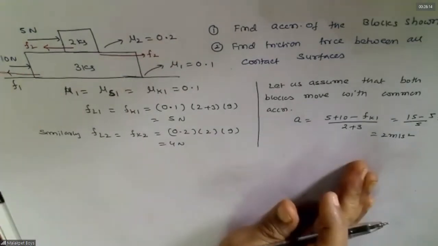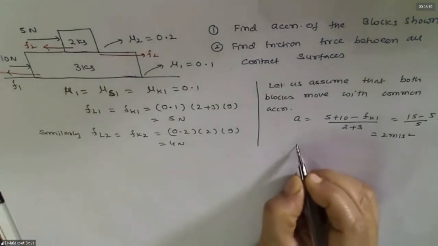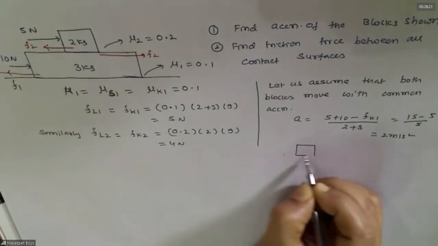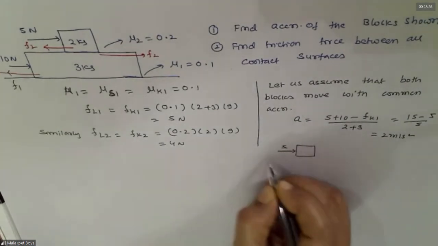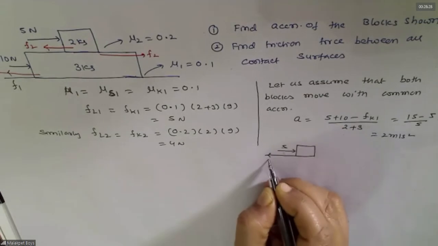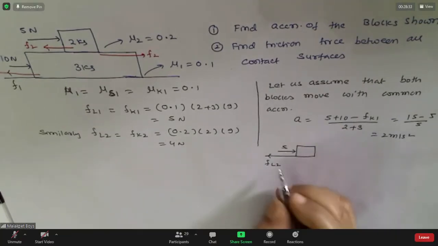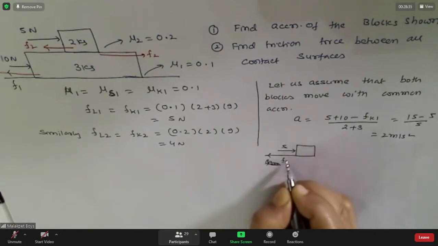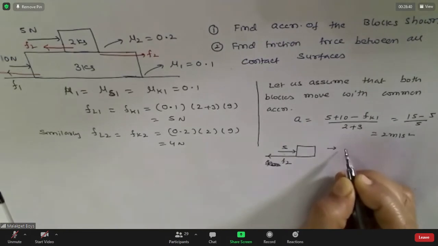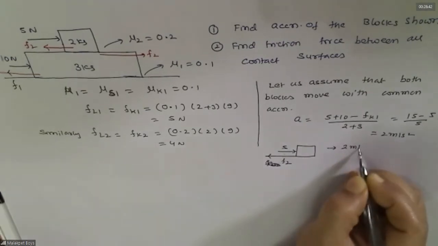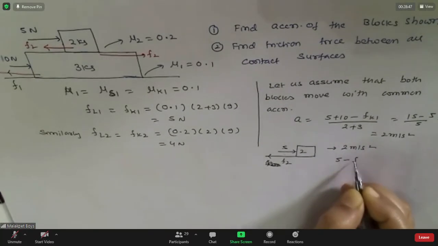Right. After that, we will see whether this is possible or not. Let us consider the upper block. You are applying a force of 5 newtons, and the maximum friction of this is equal to, it is 2 kg, no?